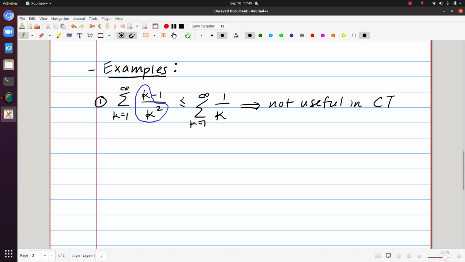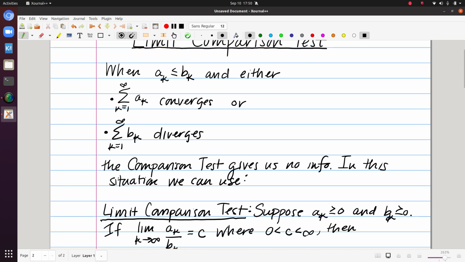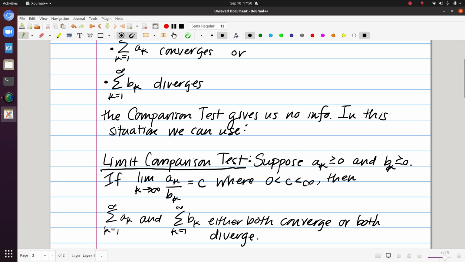Now, it's exactly these situations where you have something that looks almost like a p-series or almost like a geometric series, where we said that comparison tests would be useful. It's exactly that situation where I want to jump to the limit comparison test. And the nice thing here is, notice that my statement of the test refers to two different series.